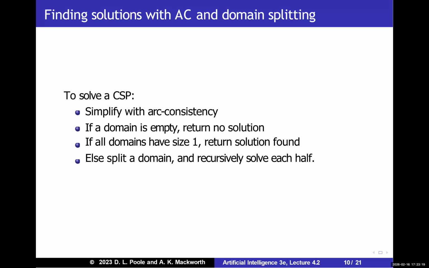And if all domains have one value, then we're done. But otherwise, we choose a variable with multiple values and split its domain into smaller parts. That's the domain splitting part of this algorithm. Then we solve each subproblem recursively. This combines pruning with controlled exploration. And by doing this, we reduce the search space first, and then we explore what remains.